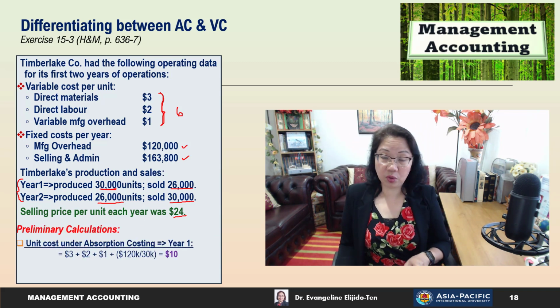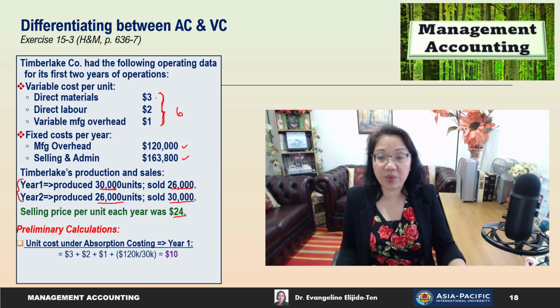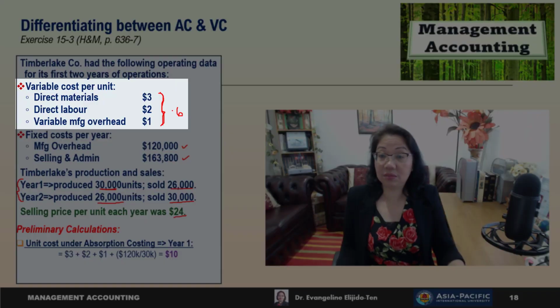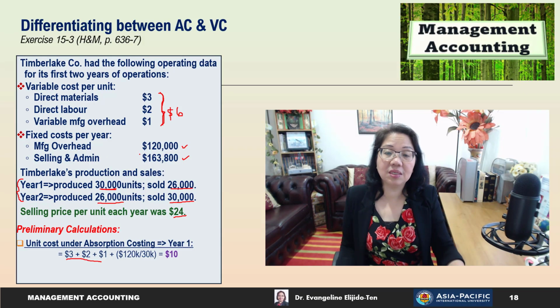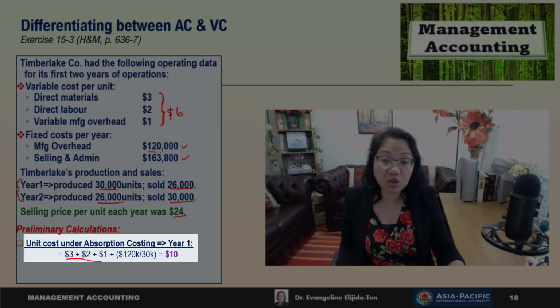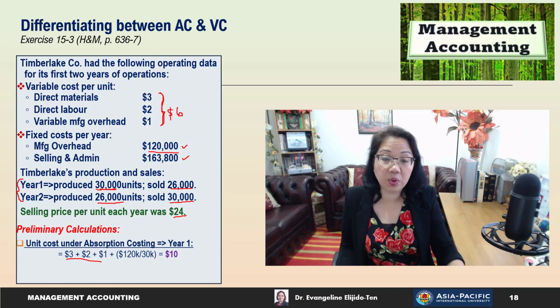Under absorption costing, in year 1, the cost per unit will be the variable costs of all these total $6, direct materials, direct labor, and variable manufacturing overhead, plus the fixed manufacturing overhead. It is 120,000 and we produce 30,000 units in year 1.